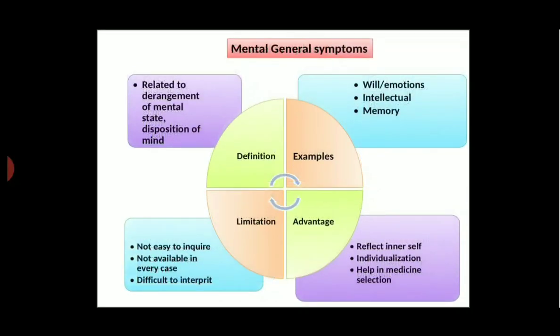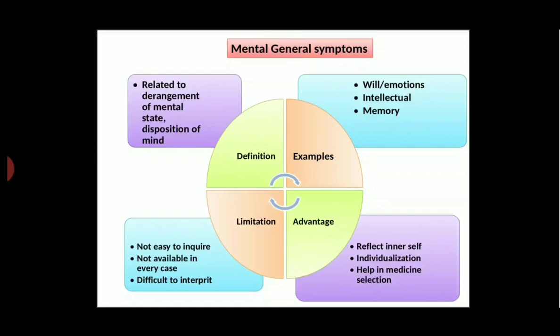Then next is the mental general symptom. It is a type of general symptom, most important according to Dr. Kent to prescribe a medicine. They are related to a mental state, disposition of mind. According to Dr. Kent, we can divide them into three categories: will or emotions, intellect, and memory.